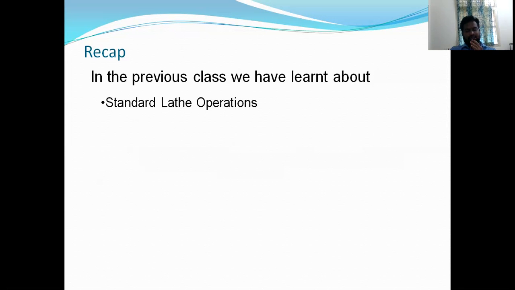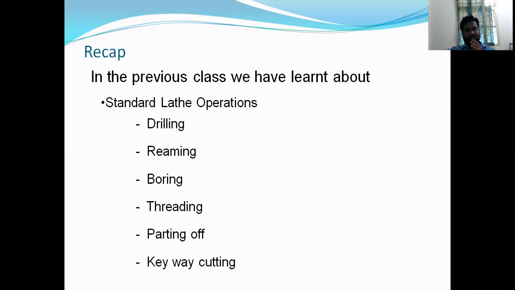They are turning operation, facing operation, step turning operation, taper turning operation, eccentric turning operation, including drilling operation, reaming operation, boring operation, threading operation, parting off operation, keyway cutting operation. So these are all the operations I have taught so far till yesterday, right? These are the operations performed on the lathe machine.